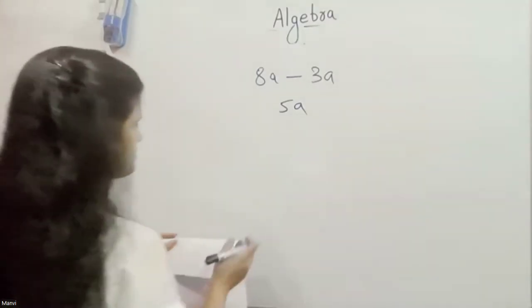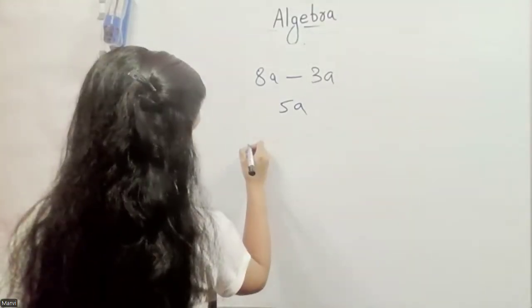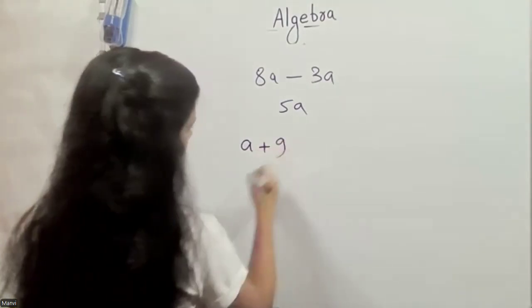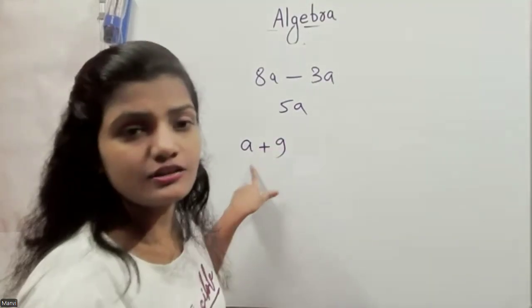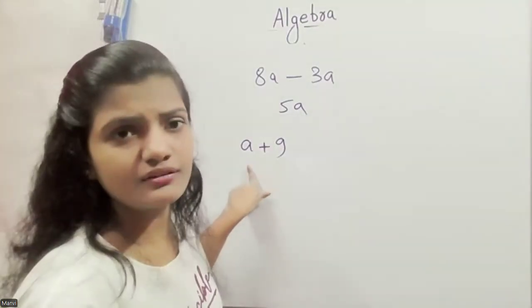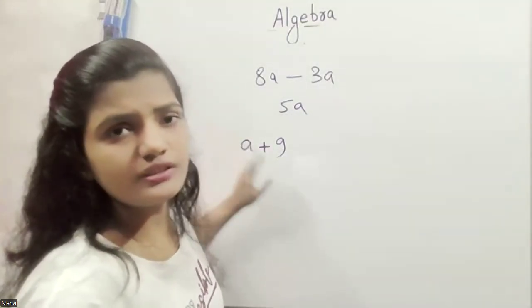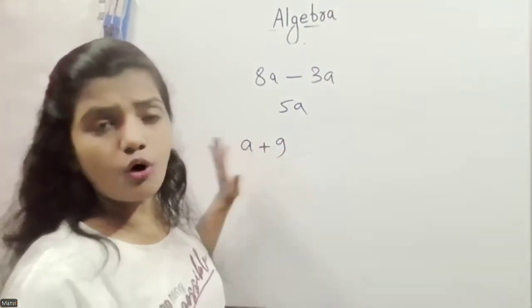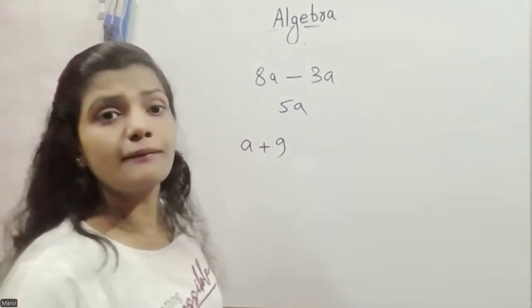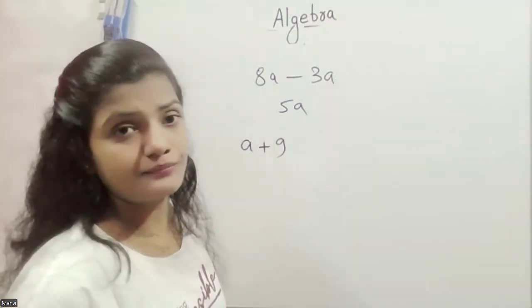Okay. The next thing is, if we have something like this, a plus 9, we can't add this a and 9 because these two are totally different. A is actually a variable, 9 is actually a constant. So we can't do anything with this. So always try to combine the like terms only.